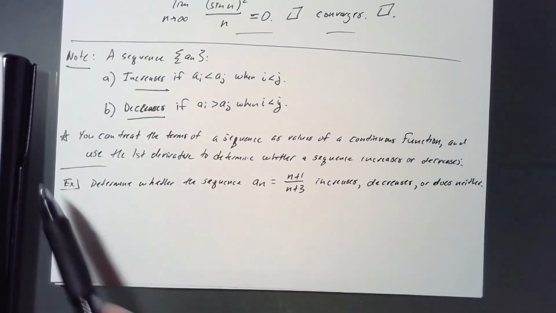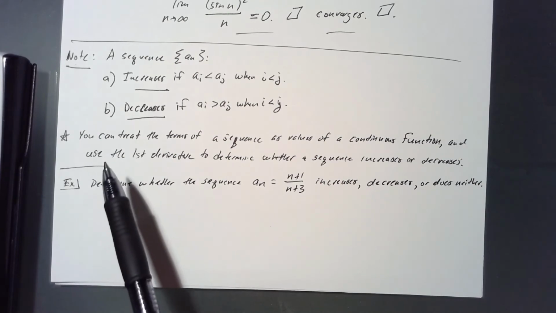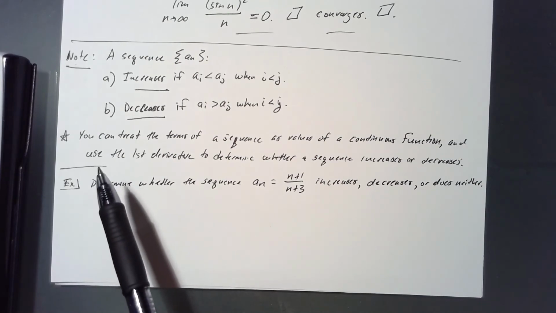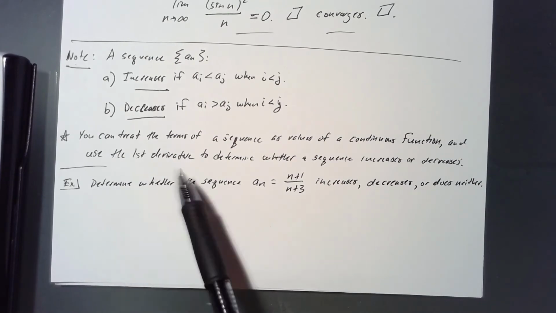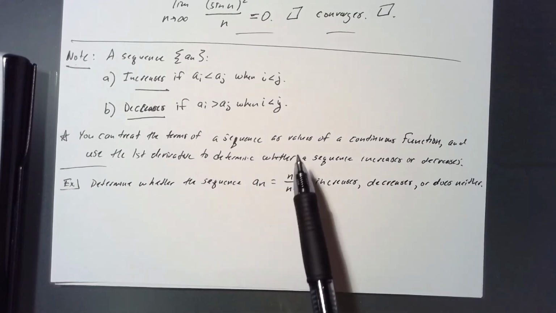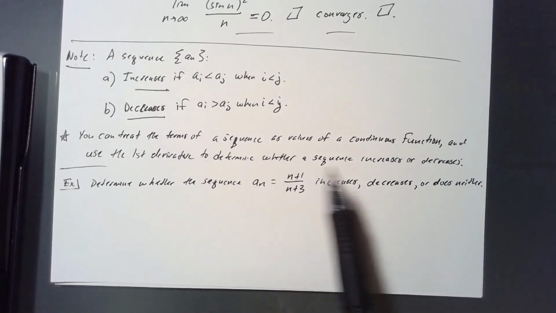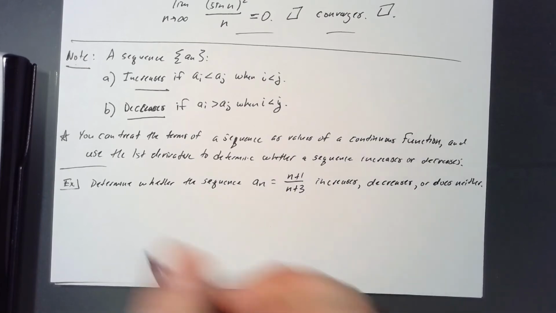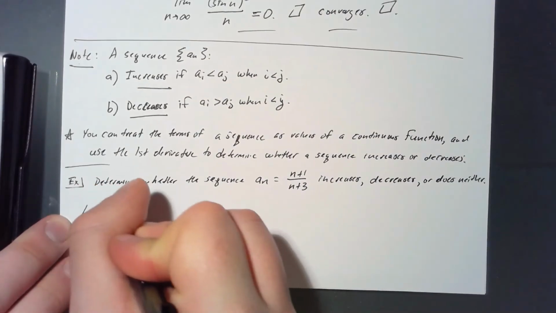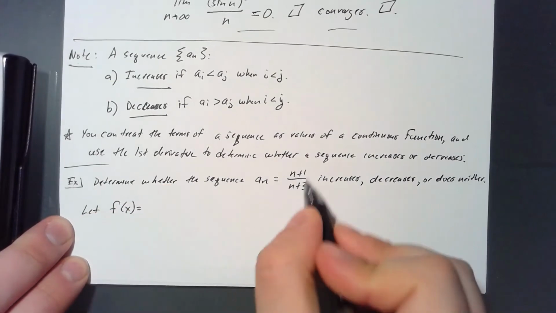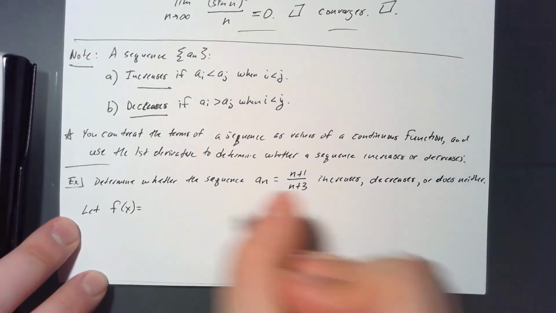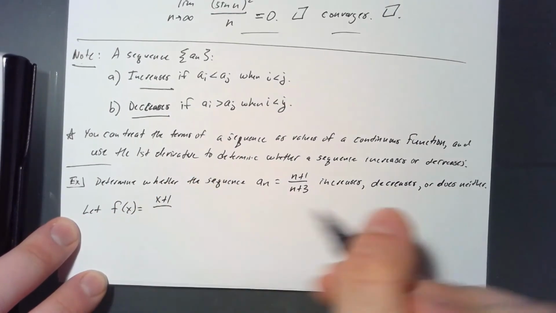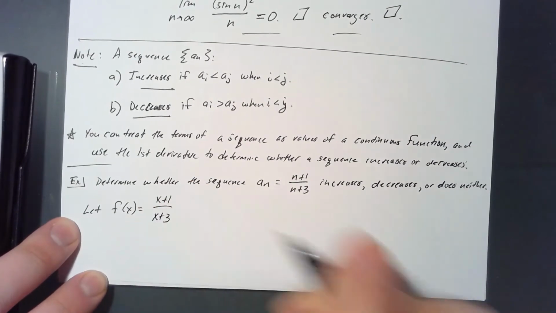So just like I said here, what you could do is let the sequence represent a continuous function. So I'm going to let f of x be equal to x plus 1 over x plus 3.